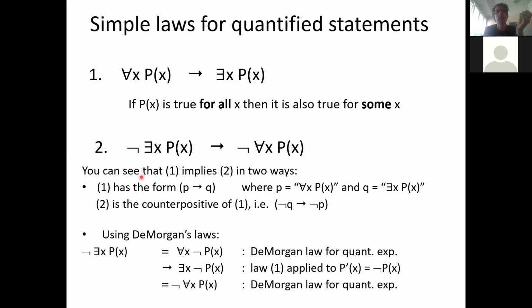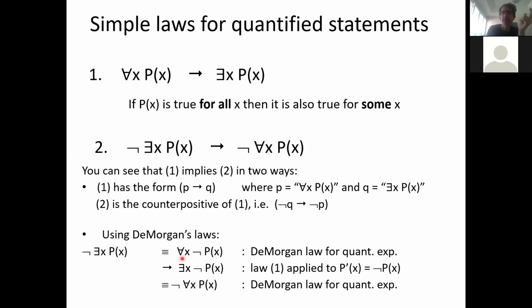You can also use De Morgan's laws, right? If it's not true that there exists x, then that's the same as to say that for all x's the negation holds. Now I just switch it here by thinking of this as P prime, where P prime stands for not P(x). Then the fact that for all x's P prime holds implies there exists an x for which P prime holds.